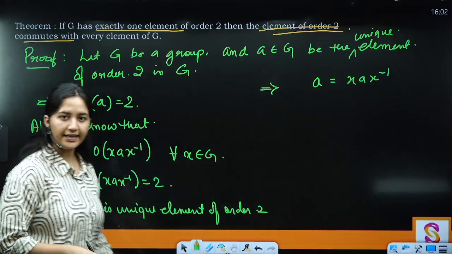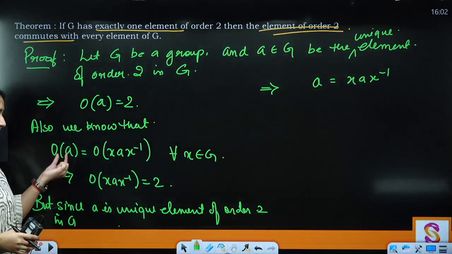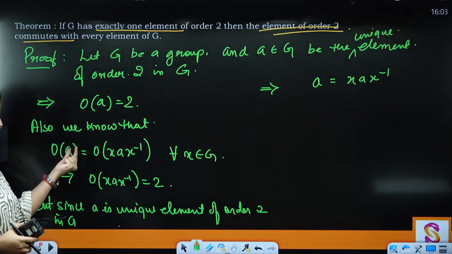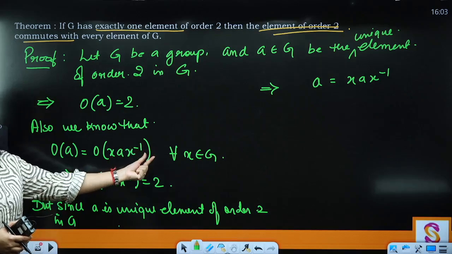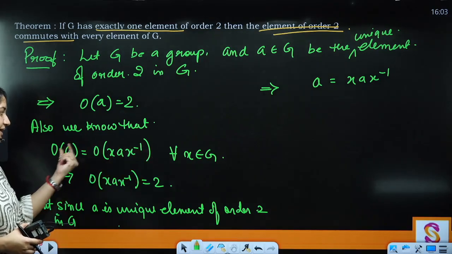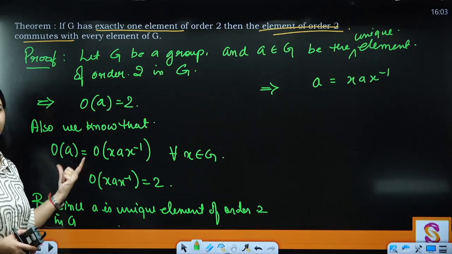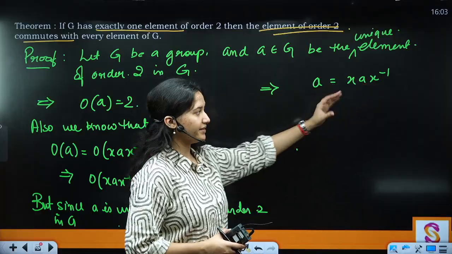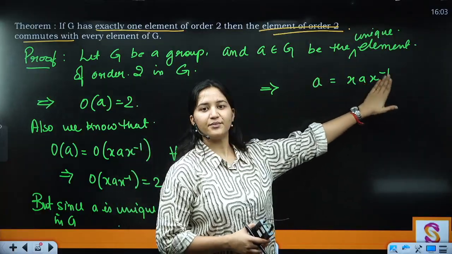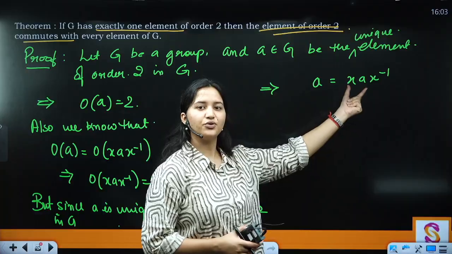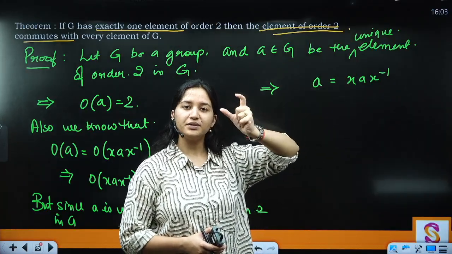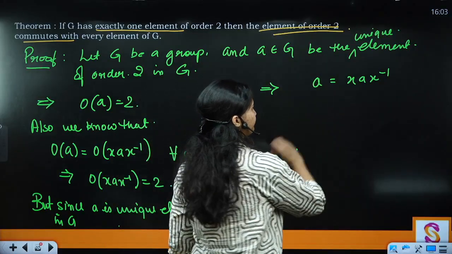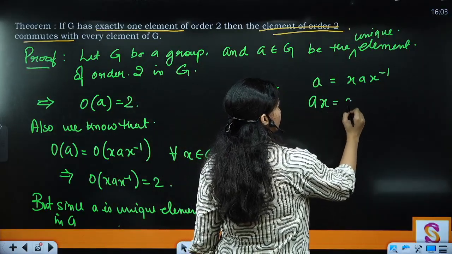Right, because there can only be one element. That means the order of a and the order of x a x inverse are equal, so these two elements cannot be two separate elements. They are going to be the same. Now from here we can easily see what we have to do: prove ax equals xa. And x is the variable that is going to represent all the elements of the group.